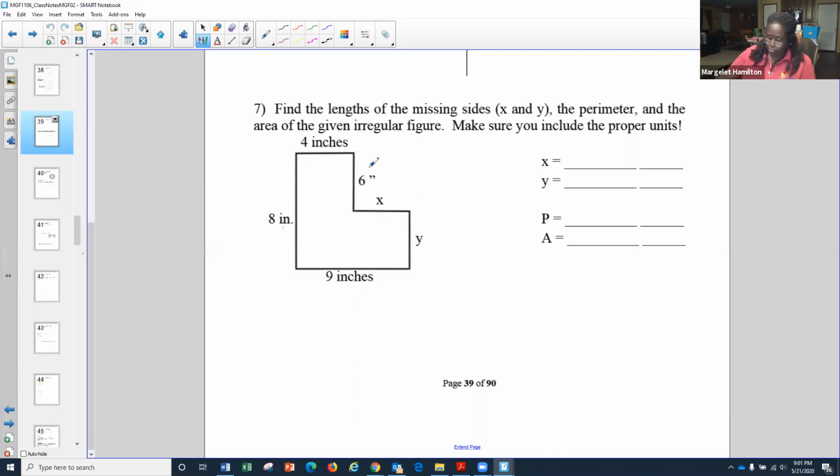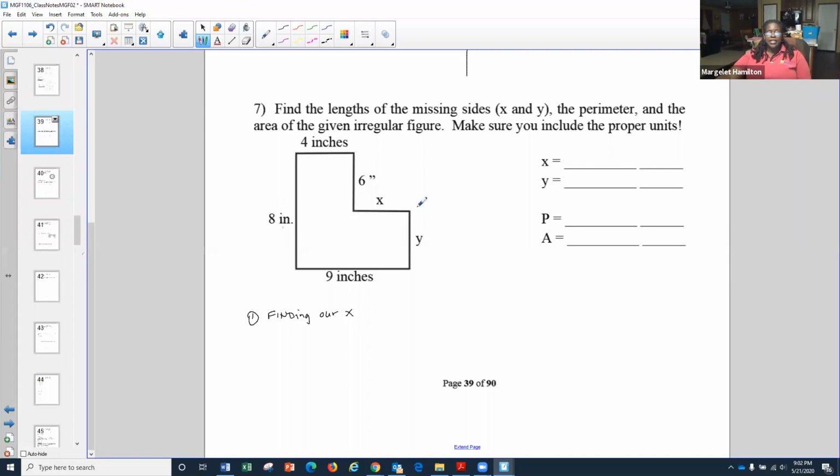Now, let's go ahead and find our missing parts. Remember, we're looking for our X and our Y. First, finding our X. Think about what they're giving us and where our X is located.